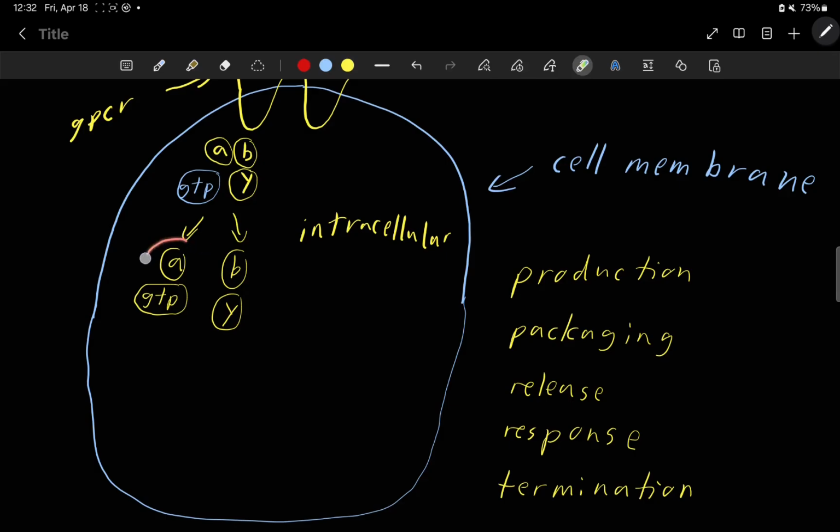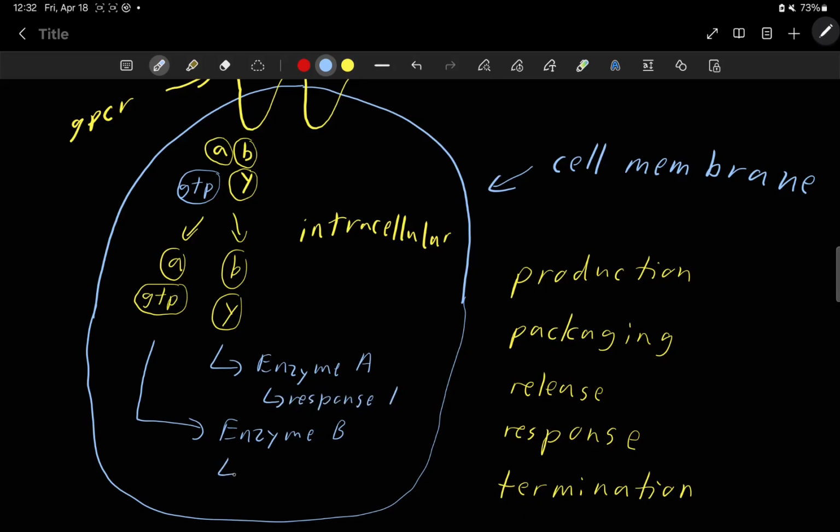You have your alpha GTP complex and your beta gamma complex, and these two protein complexes can go off to activate different enzymes. So your beta gamma complex can go activate, let's just say, enzyme A, and your alpha GTP complex can go over and activate enzyme B. And these two different enzymes can produce two different responses.